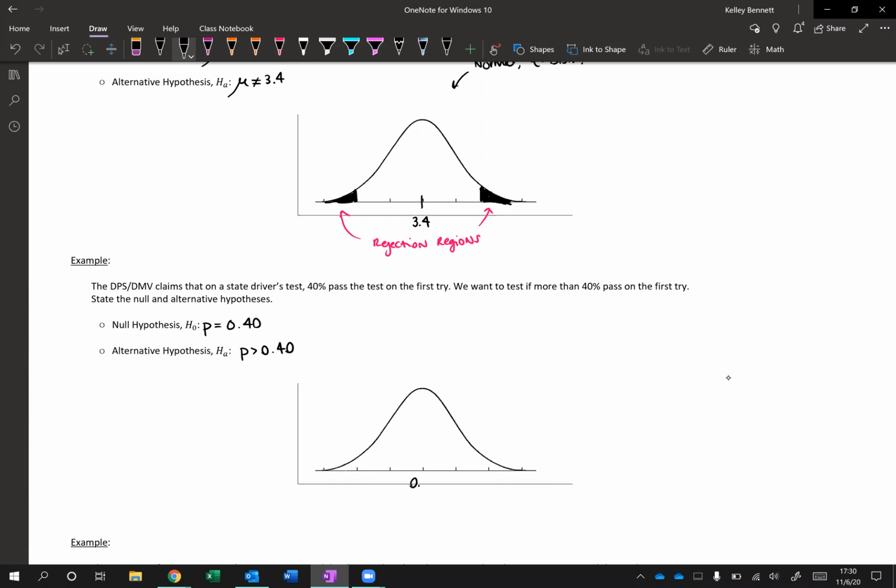If they're claiming that the true proportion is 0.4, and we just want to show that it's bigger, then we want a sample that is over here, right? If we got a sample that was over here, we'd be like, well, we didn't really show it was bigger, did we? So we want to be looking at where it's bigger. So this is a right-tailed test. This is a two-tailed test.